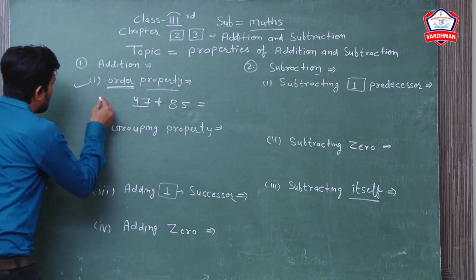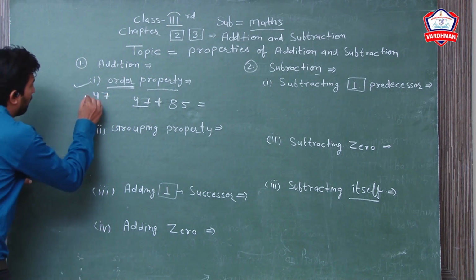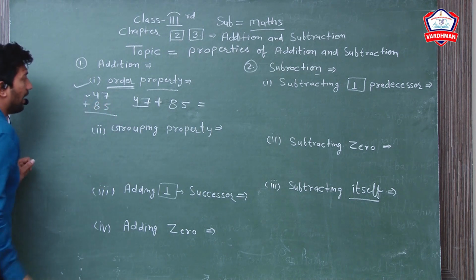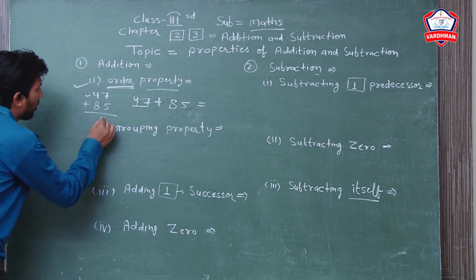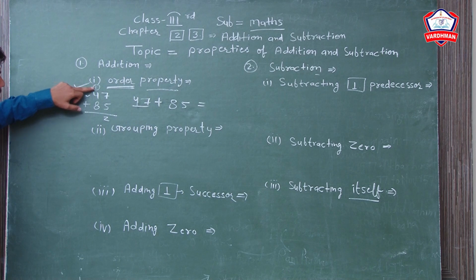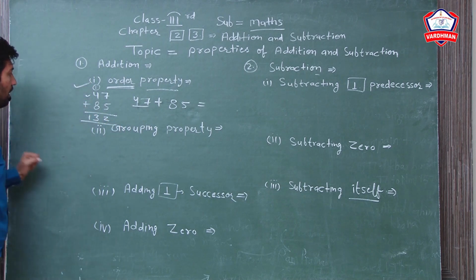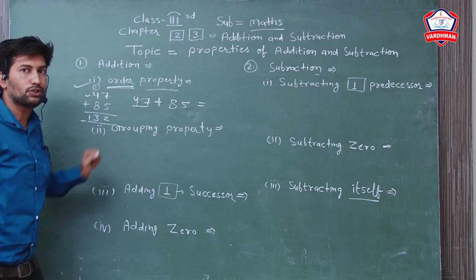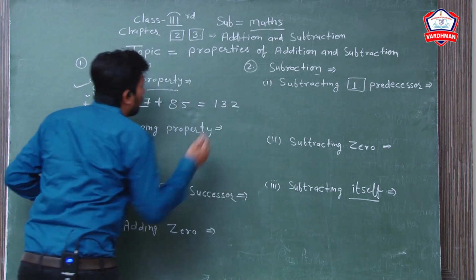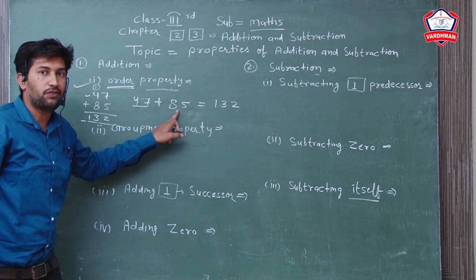You can do it this way, with regrouping. 7 add by 5 is 12, 1 is carry, 4 add by 1 is 5, 5 add by 8 is 13. It means 132 is your answer. Now first is 47 and second is 85.